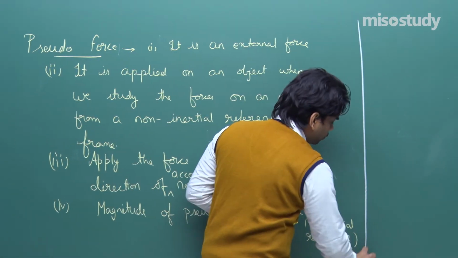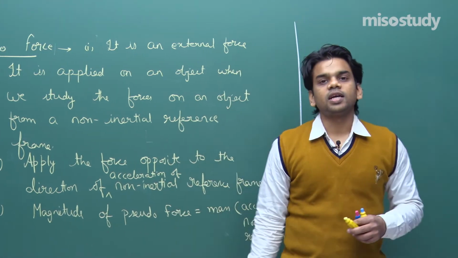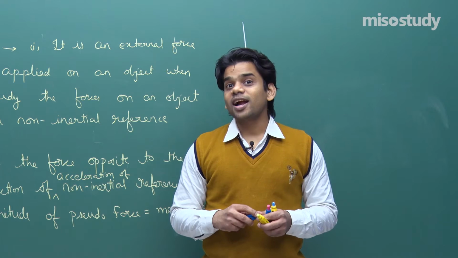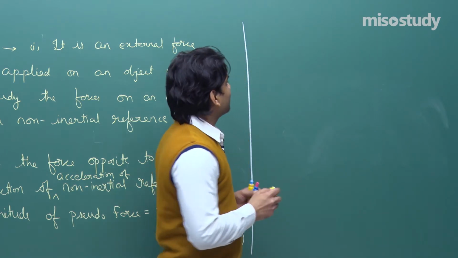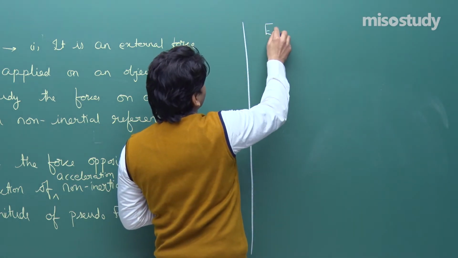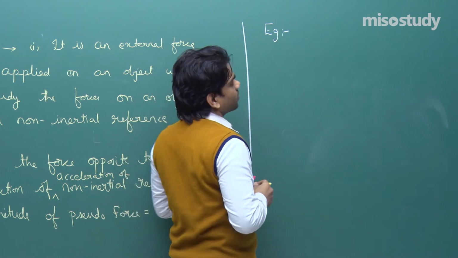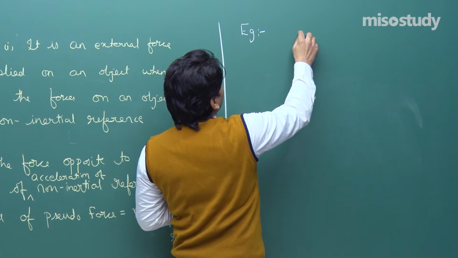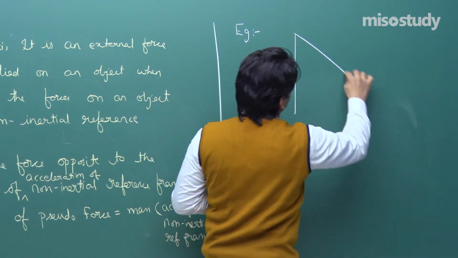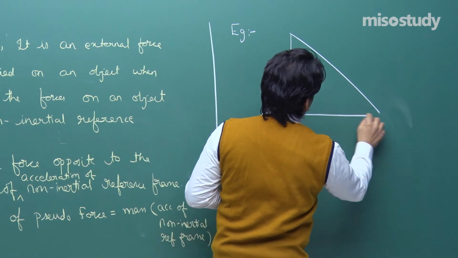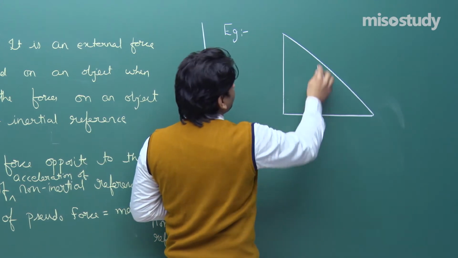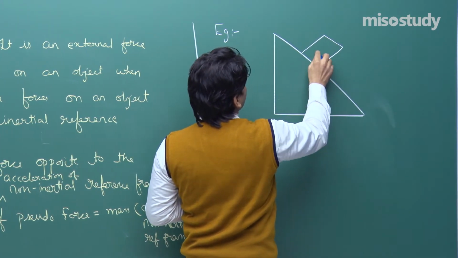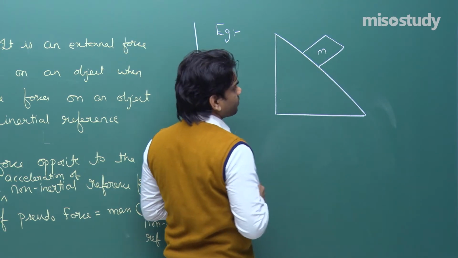How and where to apply the concept of pseudo force, we will understand with an example. Let's start with an example. We have an inclined plane, and let us say we have an object of mass m.